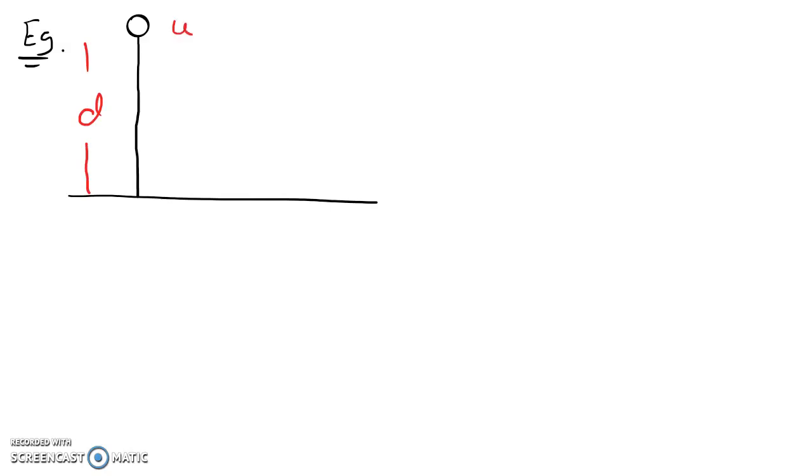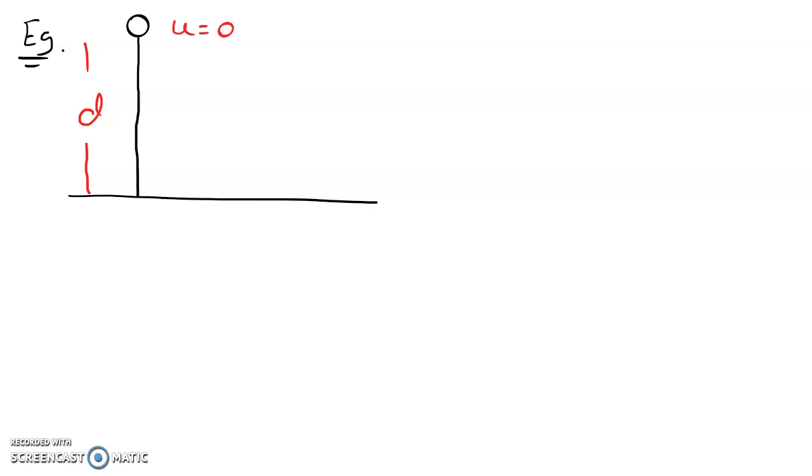So there was a question asked in some examination. It was like this. Say I drop a ball at a height of D. So dropped a ball, that means U equivalent to 0.